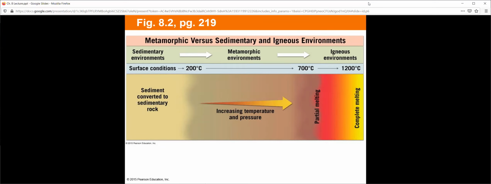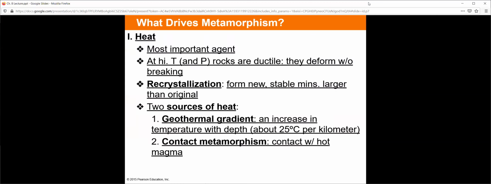And as you continue increasing, eventually you will hit a point, usually around 700-something degrees Celsius, where the rock stops altering and starts melting. You can get partial melting, or a complete melt, going down to an igneous environment. This chart signifies all the various things that can happen to a rock.